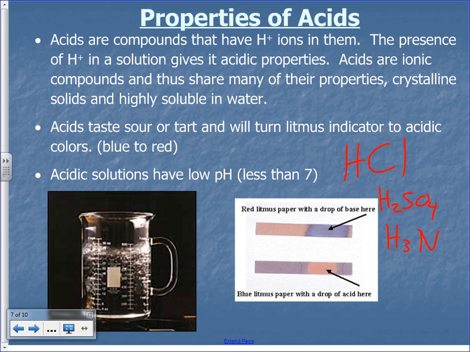Right? Because as soon as I put this into water, it splits into H+, H+, H+, and N 3-. So I've put 3 hydrogen ions into that solution and made it much more acidic than, say, adding a similar amount of this, which would only put 1 hydrogen ion into the solution.